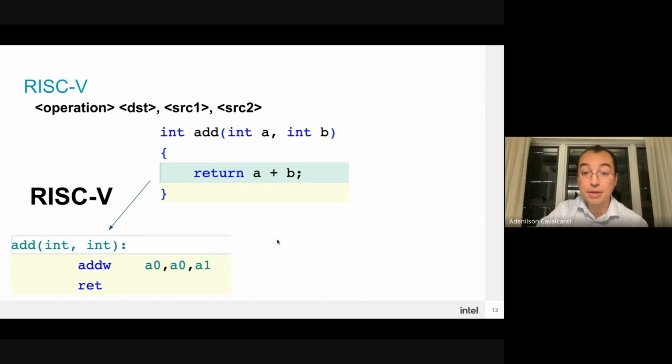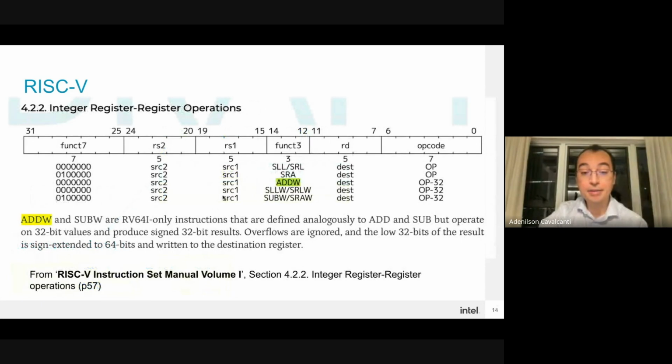So we grab the two arguments passed by the function, we add them, and we store on the A0 register. Cool. And this is how the same function looks like in the instruction set manual. So people have an idea how the documentation looks like.